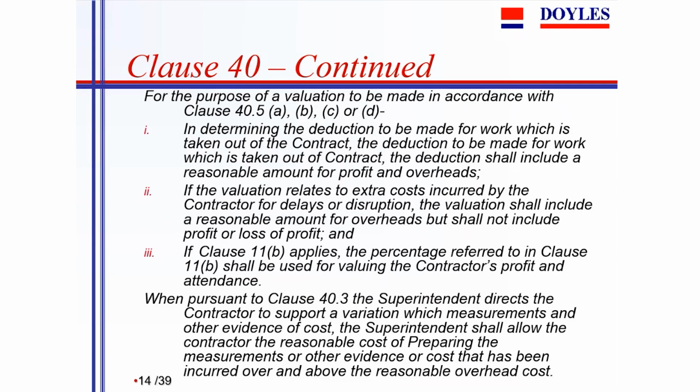the provision of valuation of variations is always a challenging matter in construction contracts, and it always gives rise to the potential for a dispute between the principal and the contractor. This clause 40 tries to provide for some adjustments if the variation involves not only perhaps a saving in cost for the principal.